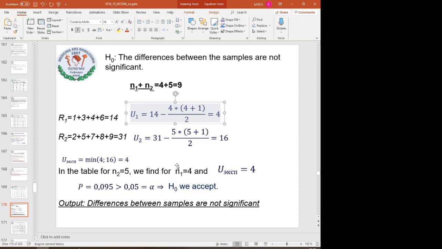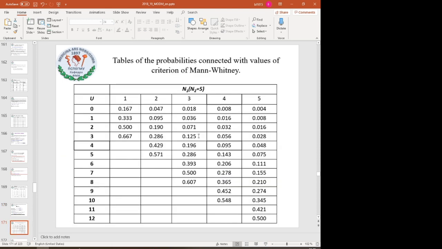Since n2 is 5, we should go to the table for n2 equal to 5. Let's go there. Columns are numbered by the sample size of the first sample, which is 4, and our experimental value is also 4, so our p-value for our case is 0.095.